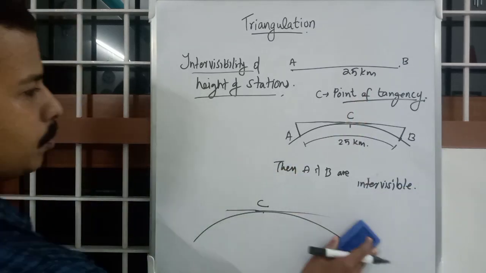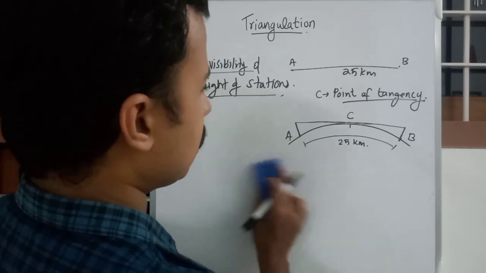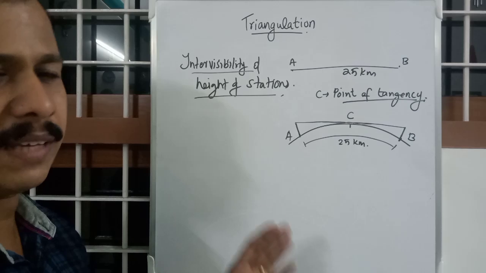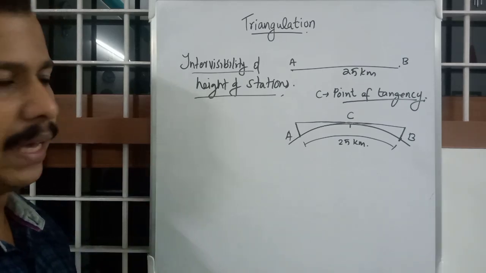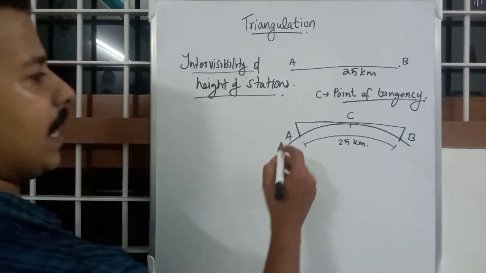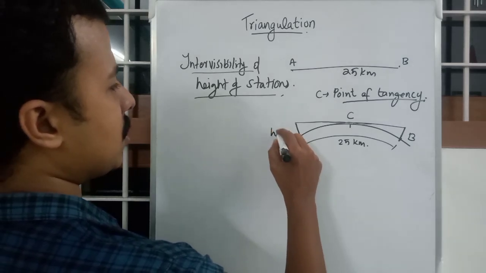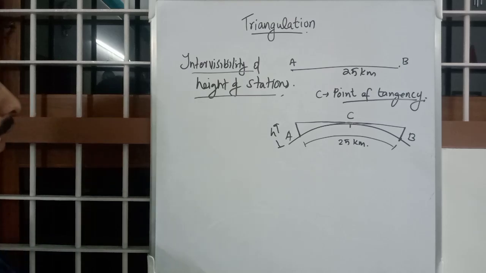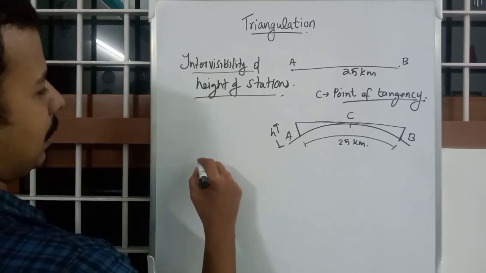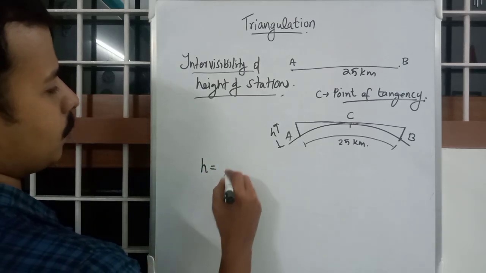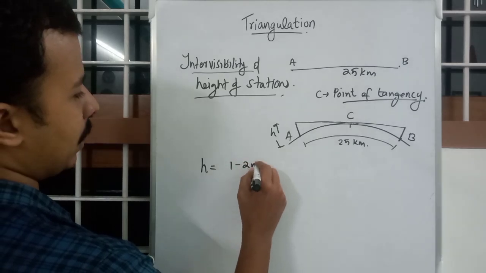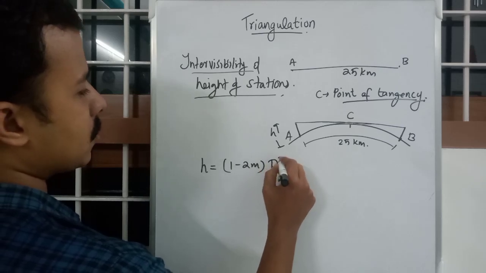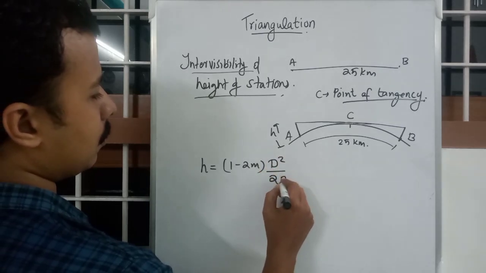I hope you got it. For measuring all these calculations, we have derived an equation for H. H is the height of station, and it is given by H is equal to (1 minus 2m) d square by 2r.